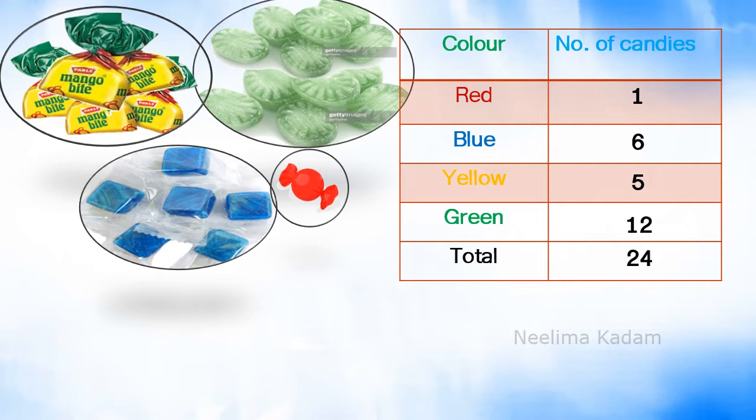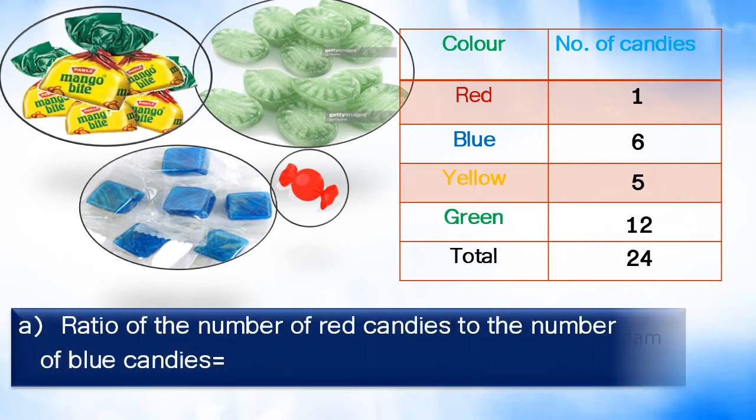How many? Yes, 24 candies in all. Okay. Now we will go for the first question. What is the first? Ratio of the number of red candies to the number of blue candies. Now red candies, how many red candies are there? 1. And blue candies, there are 6. Therefore their ratio will be, yes, 1/6. What is the ratio? 1/6. Okay.